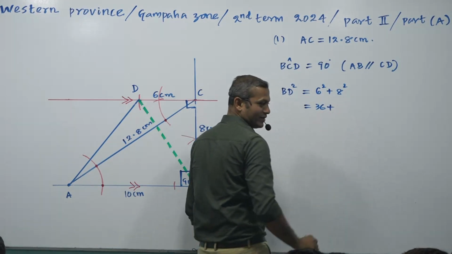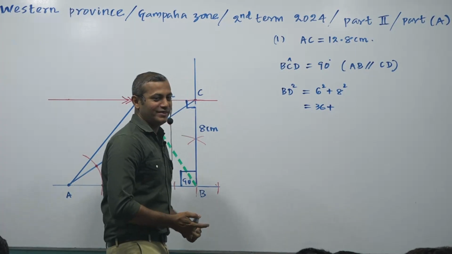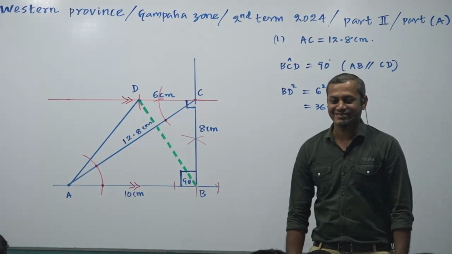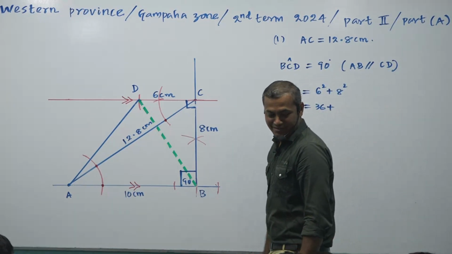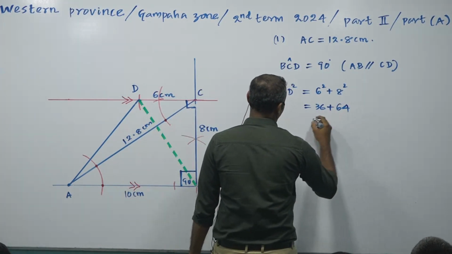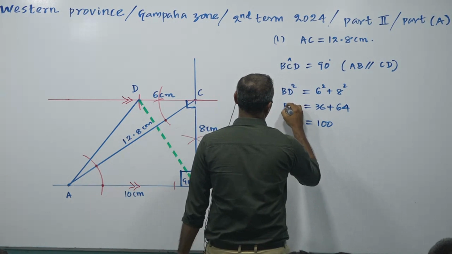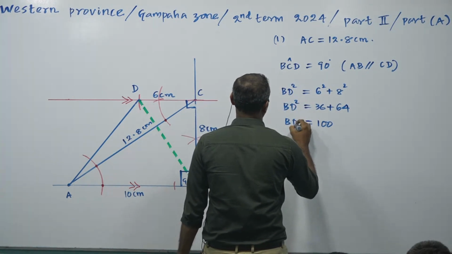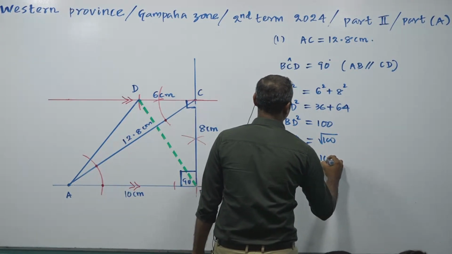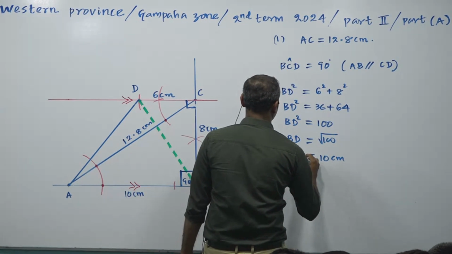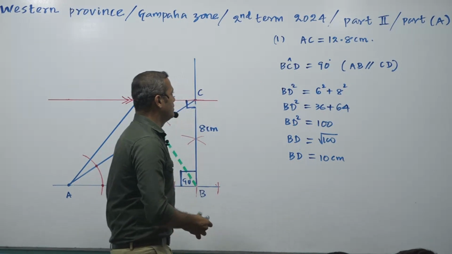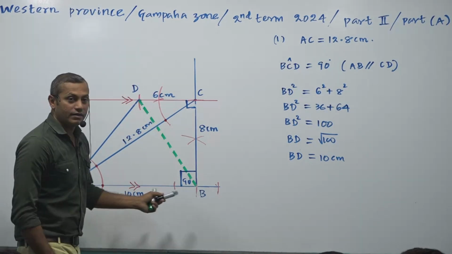36 plus 64 is 100. Then BD equals square root of 100, how much? 10 centimeters. But already we know the data given is what?